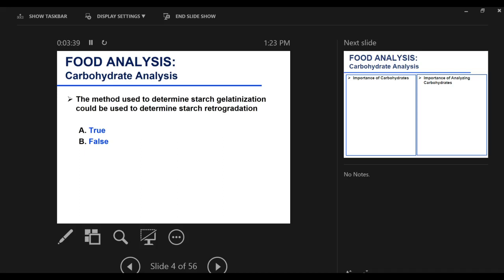The method used to determine starch gelatinization could be used to determine starch retrogradation. Should you know this? No, you shouldn't know this. I will explain it later. But the point I have this up here is I want to know if you know the difference between starch gelatinization and starch retrogradation. Yes, Sammy?